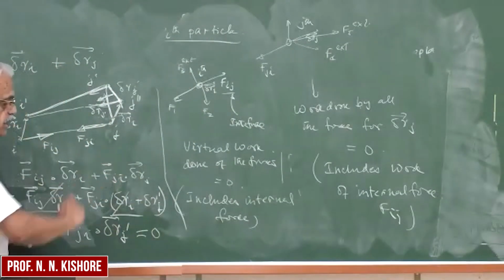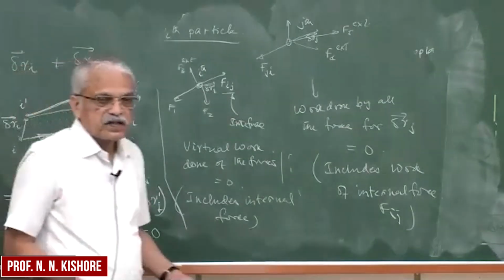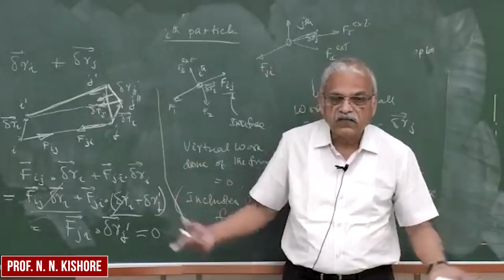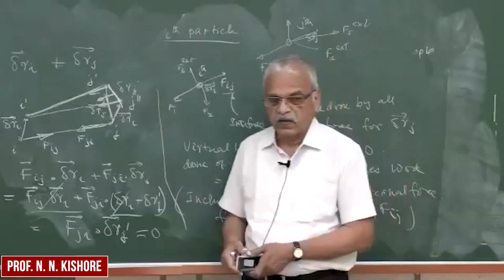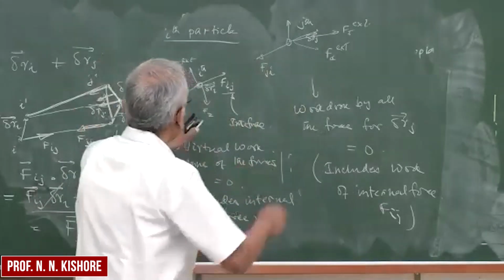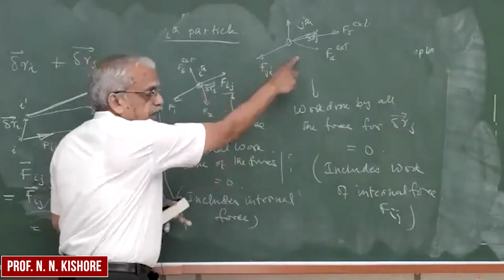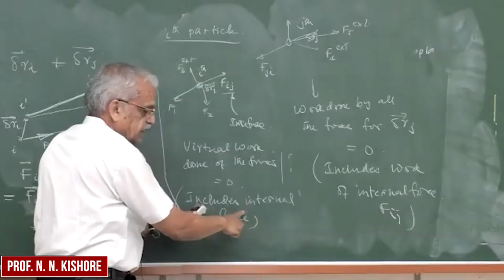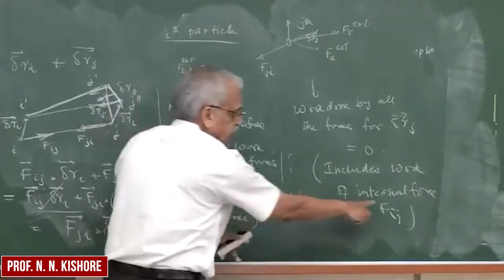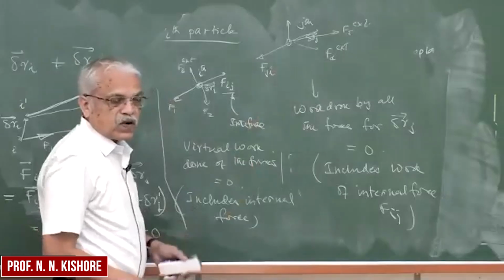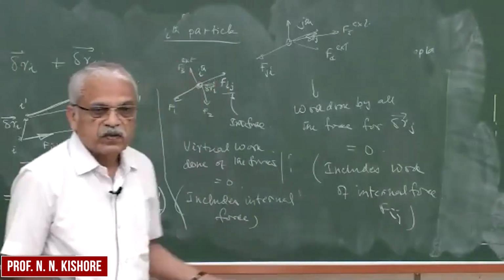So what did we conclude? We concluded that the work done by internal forces for a rigid body is 0. If you combine the work done of this with this one, which included the internal force, when they are combined for a rigid body movement, it is going to be 0.